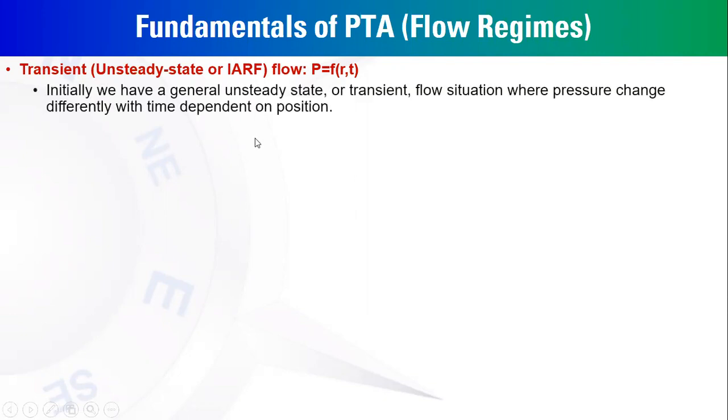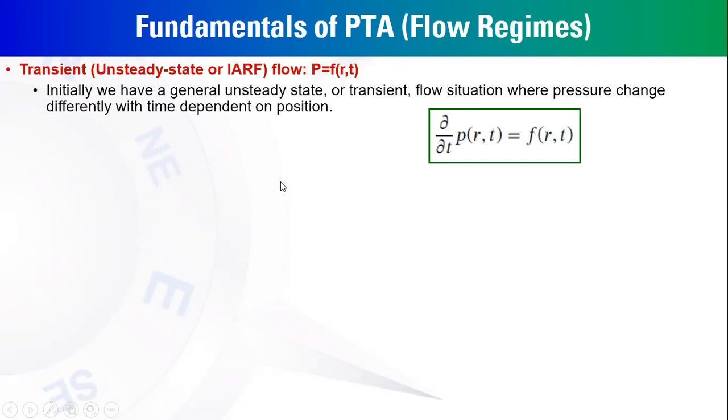In that case, the pressure will be a function of radial distance r and time. That means the pressure will be changing at every distance and also at every point of time. In that case, we have the transient or unsteady state flow.